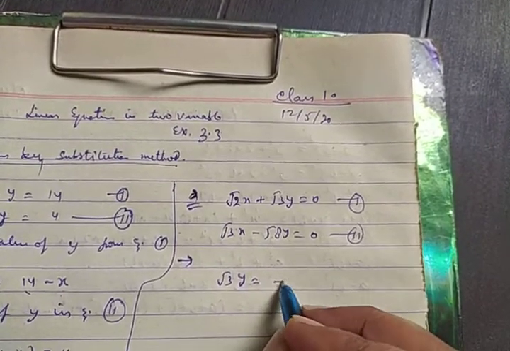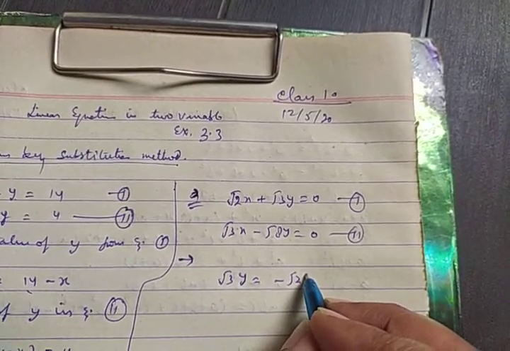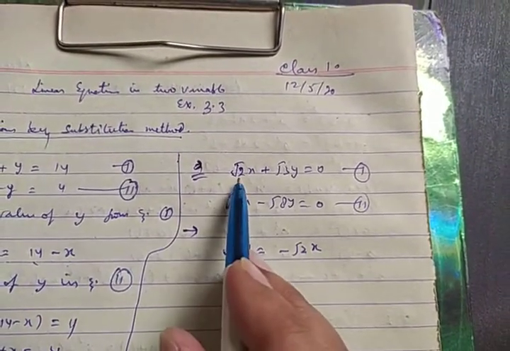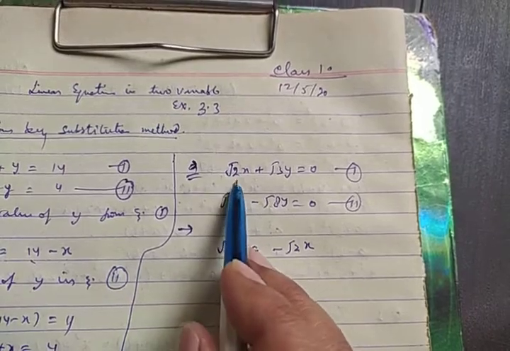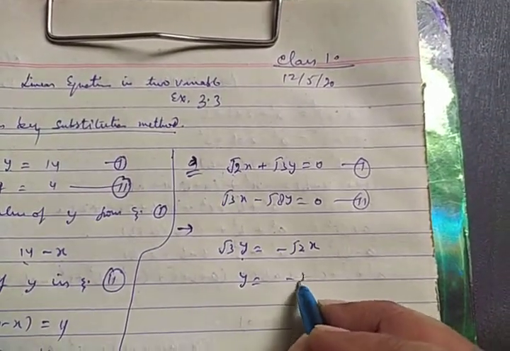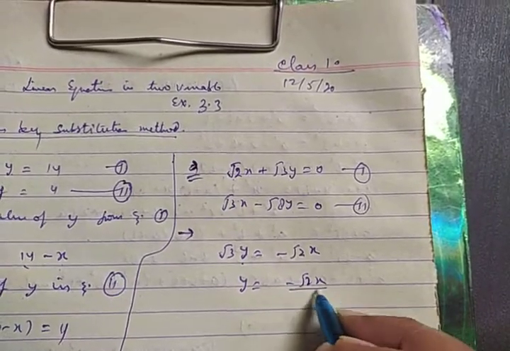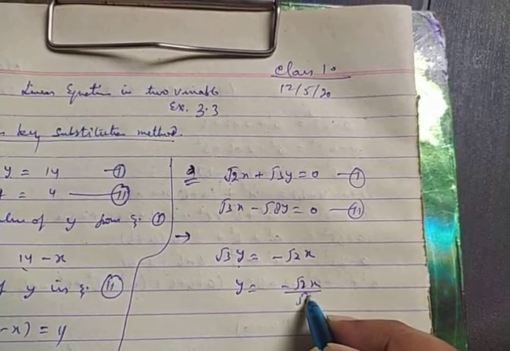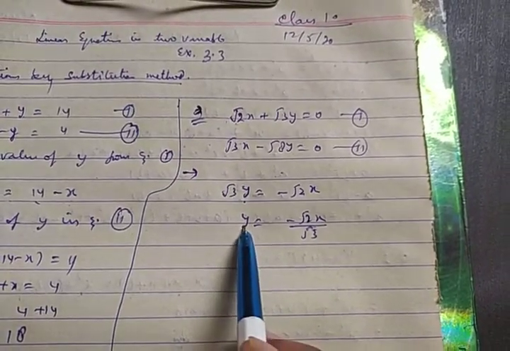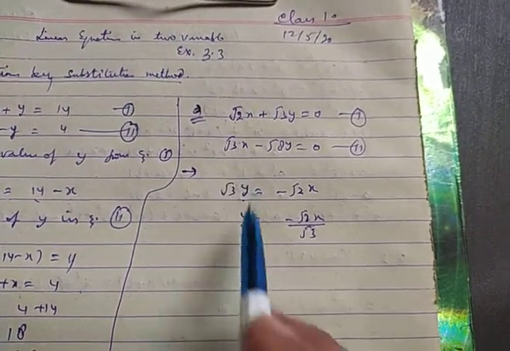Root 3 y is equal to minus root 2 x. When you are solving it for y, you will have to shift the term with x to the right side. Now y is equal to minus root 2 x upon root 3. This is the value of y you have calculated. Now substitute this value in equation 2.